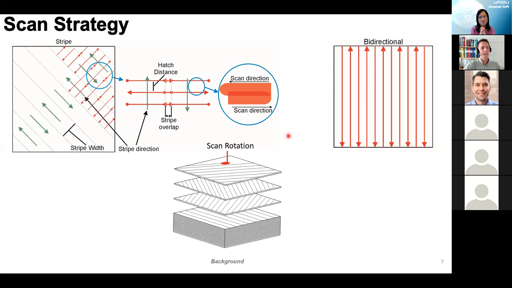What I want to highlight here is that we use a pre-developed scanning strategy known as stripe scanning, which has shown to create a high quality part with very few defects and with low residual stresses, which could be the case when you're using this technique, that you have very high residual stresses. But we have reduced that to a minimum by using this kind of scanning strategies together with the scan rotation.